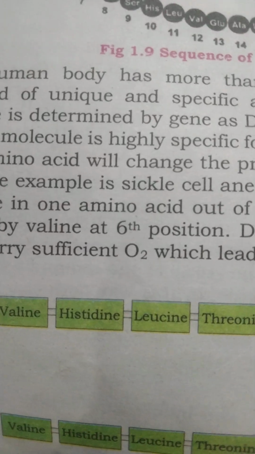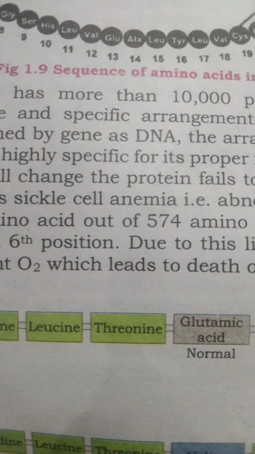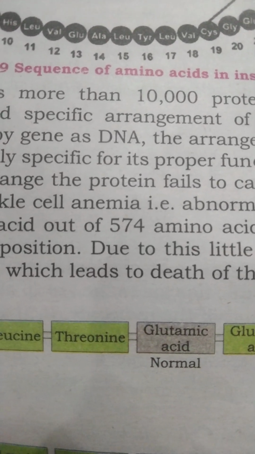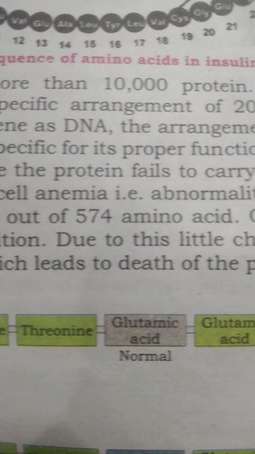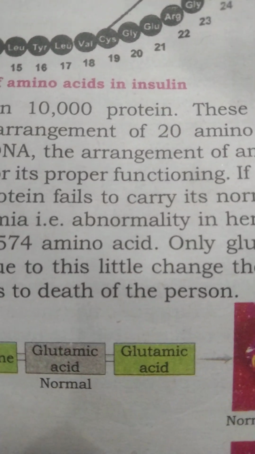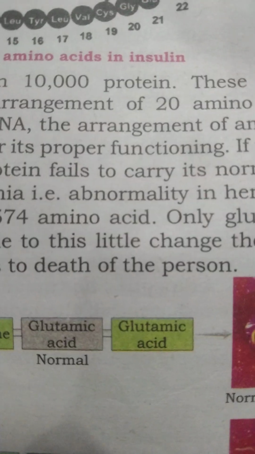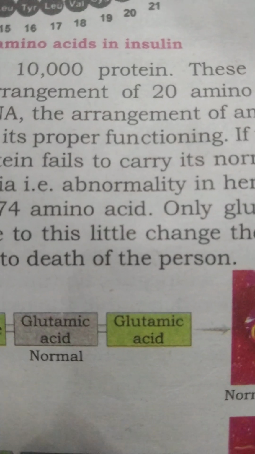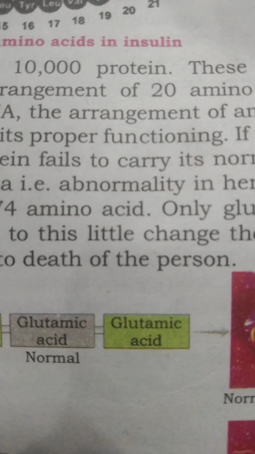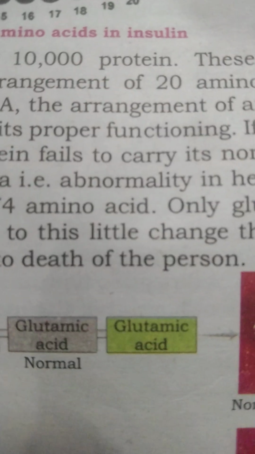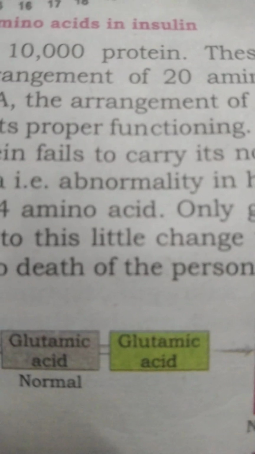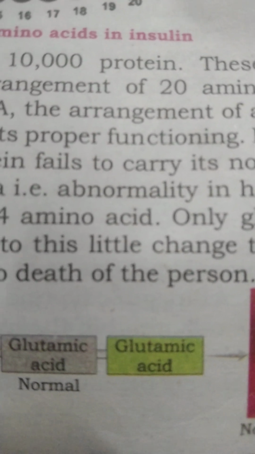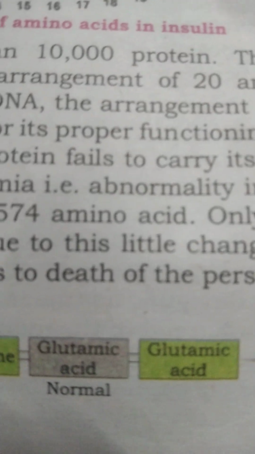The human body has more than 10,000 proteins, but all these proteins are formed by the specific arrangement of 20 amino acids. They perform proper function, but whenever any sequence of amino acids is not formed properly, it will cause an abnormality, a kind of disease, a birth disease.